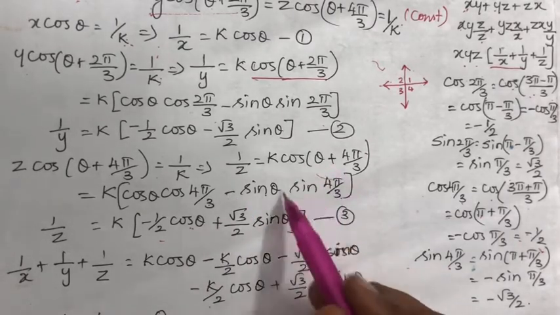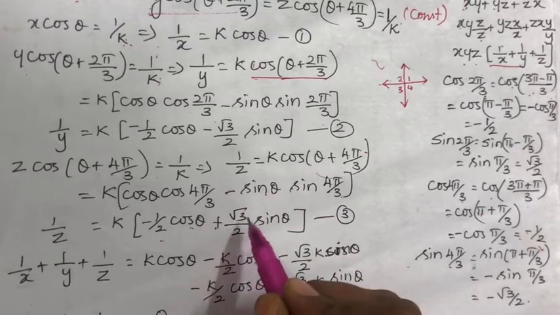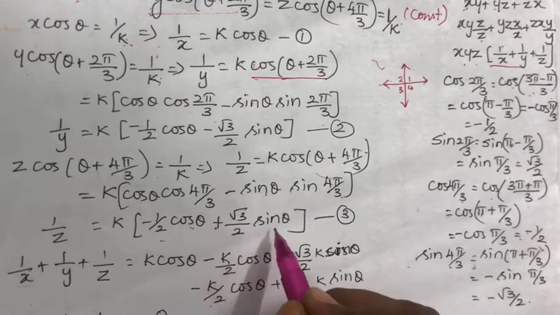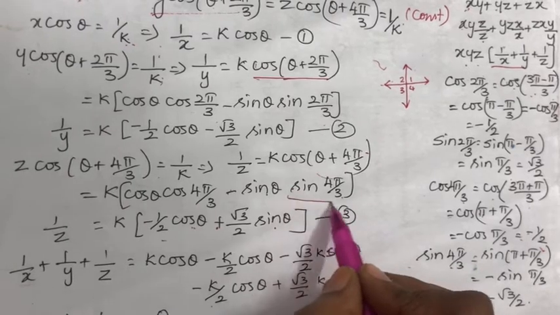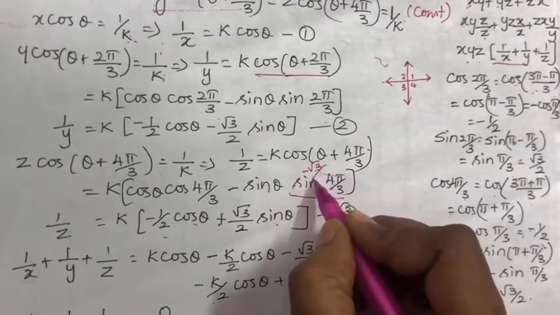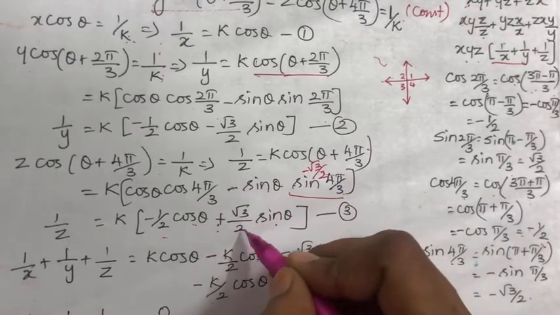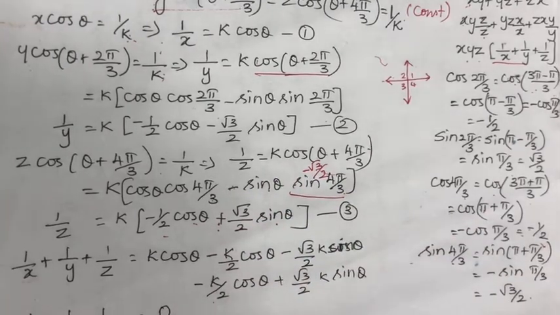Minus root 3 by 2. So minus and minus will be plus root 3 by 2 sin theta. Sin 4 pi by 3 is minus root 3 by 2, so minus and minus is plus, so plus root 3 by 2 sin theta.